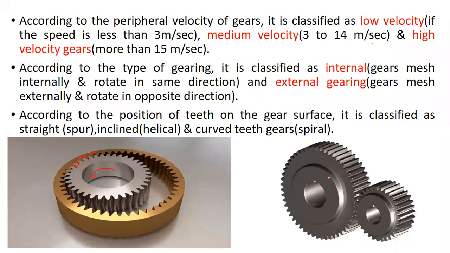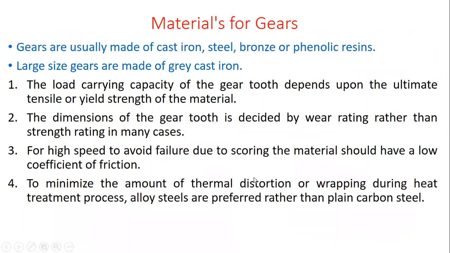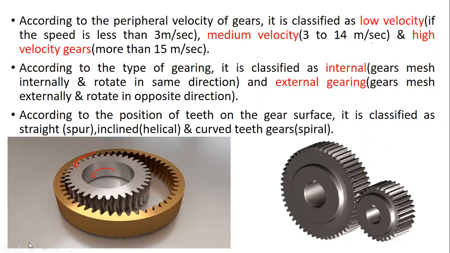For example, if this is rotating clockwise, this will be rotating anti-clockwise; both will be rotating in opposite directions. Whereas in the internal, the meshes will be internal and both are rotating in the same direction. This is about internal and external gearing.